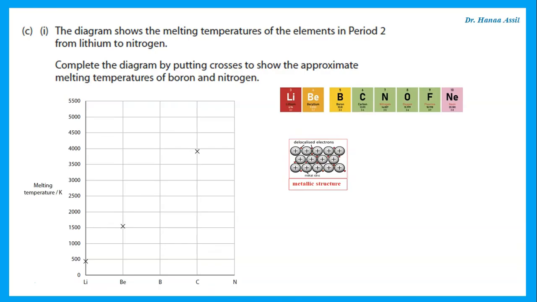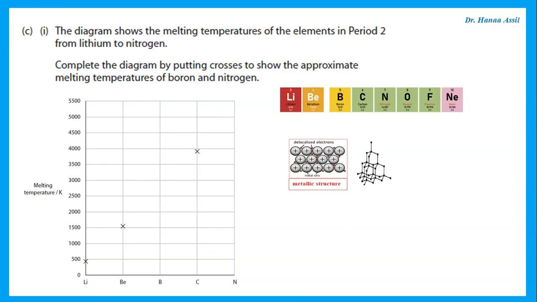We said these are metals with increasing number of delocalized electrons, and we said as the number of delocalized electrons increases, the attraction forces between the positive ions and the electrons increases, and therefore the temperature increases. So we should have an increase in temperature from lithium to beryllium to boron.